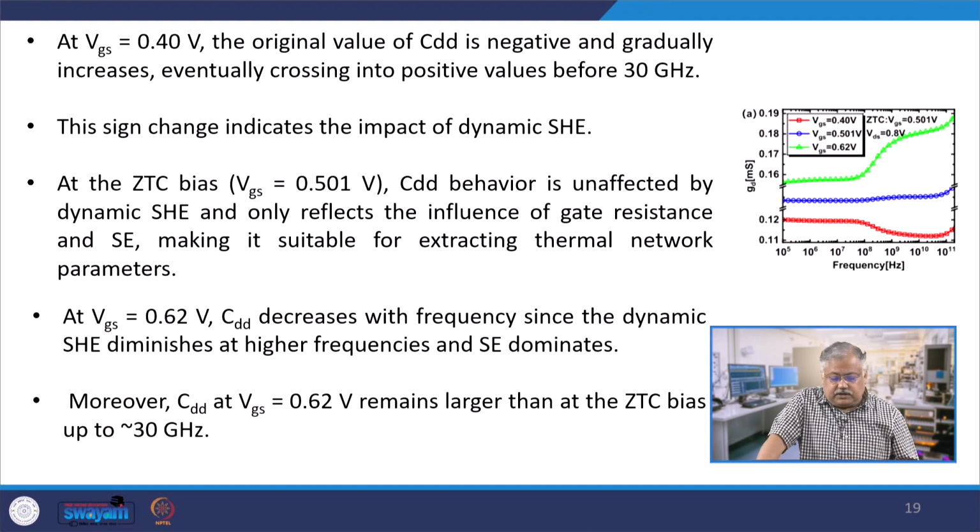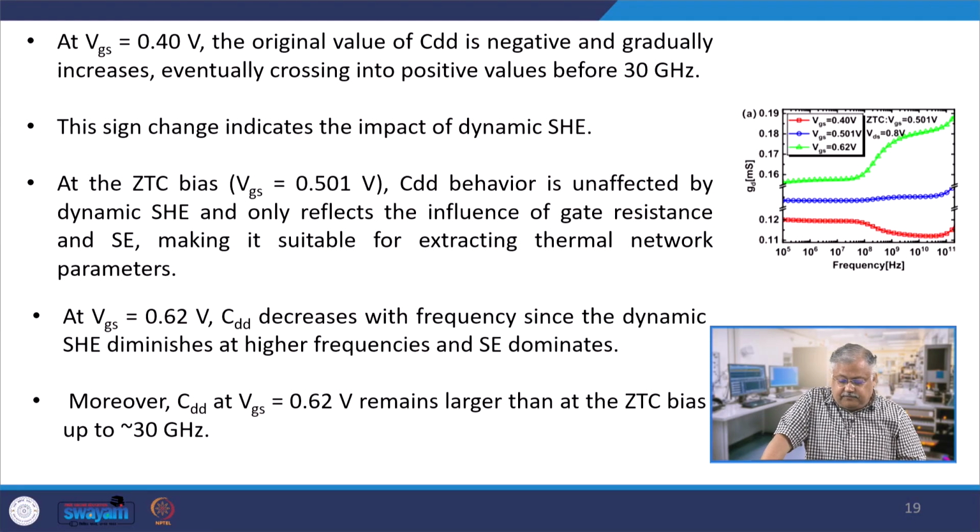As I discussed with you, the sign change indicates the impact of dynamic effects in terms of the effective values of GD. The sign change means it is going up and going down, right? The del GDS which you see is positive in the case of green, negative in the case of red.